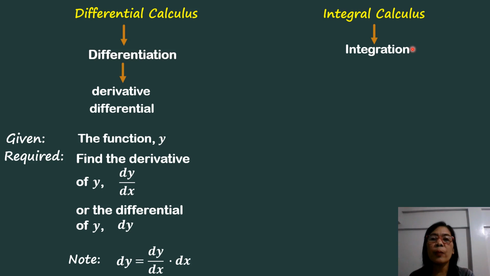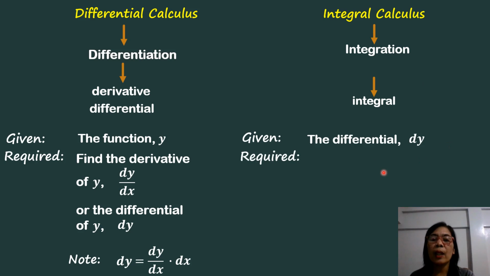In the integration process, you will be required to find a function called the integral. That is, in the integration process, we are given the differential of a function, say dy, and we are required to find the integral, or the function y whose differential is equal to the given dy.